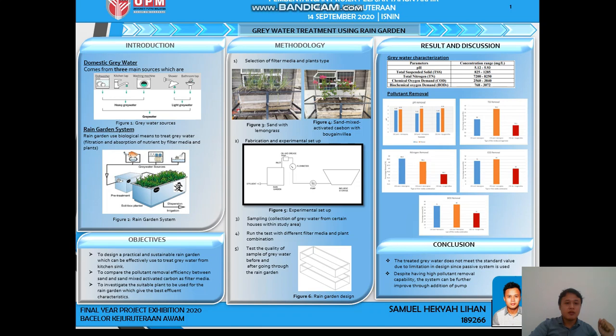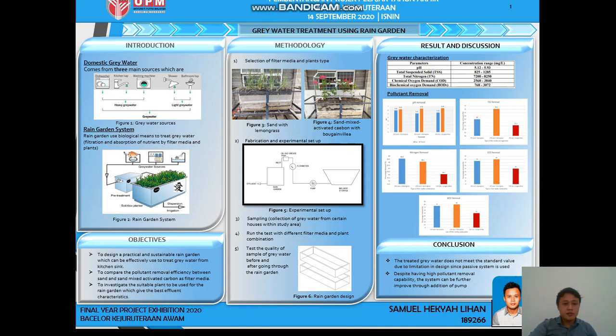And then the second one is to fabricate the rain garden and to arrange all the experimental setup. The fabrication is done after the sizing is done. The sizing is actually done by the calculation of the dimension of the rain garden from the discharge of the grey water from the housing.